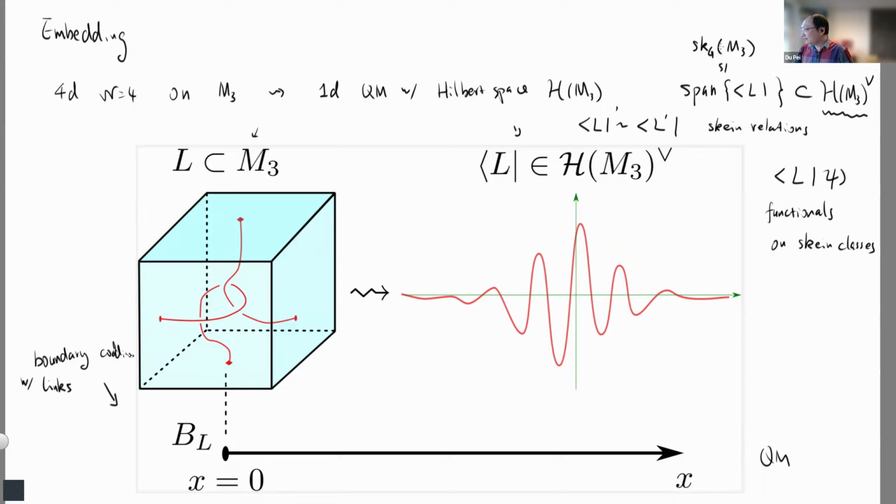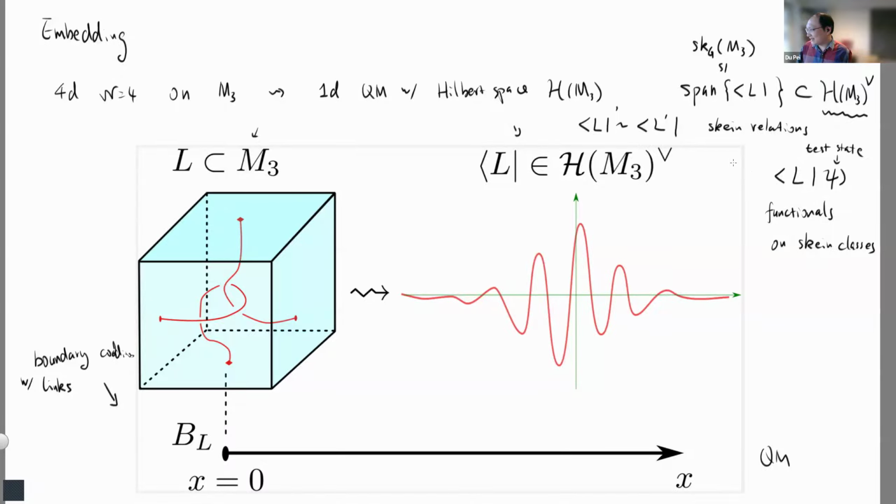And with some reasonable assumption, one can argue that one can always separate skein classes in this way. So this is some test state. And one can pair this with a state from a link. And then for a different link, one gets a number.